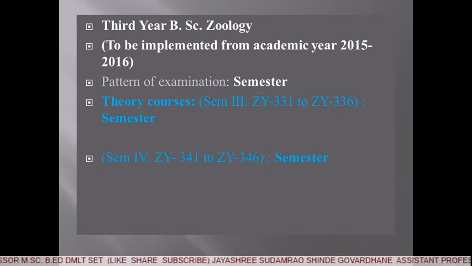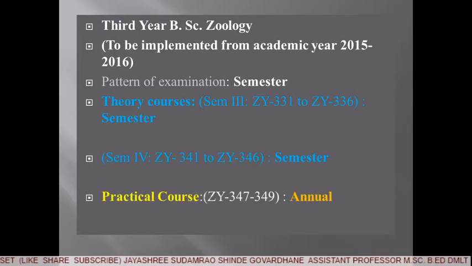Semester 4 offers ZY341 to ZY346, and again the pattern is semester. For the practical course the pattern is annual. We studied in the previous video, very deeply, how the practicals are taken annually.